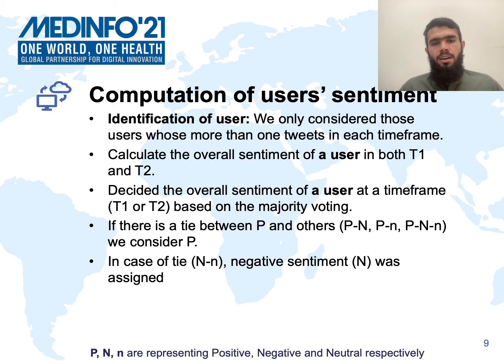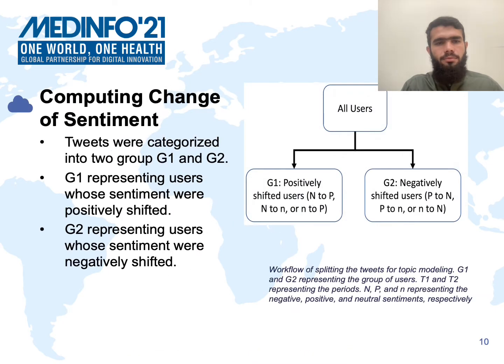If a person has two or three tweets, we consider the majority. If there are more positive tweets, we consider it positive, and if not, negative, and so on. If there is a tie between positive and others, we consider positive, and in the case of neutral and negative, we consider it negative.